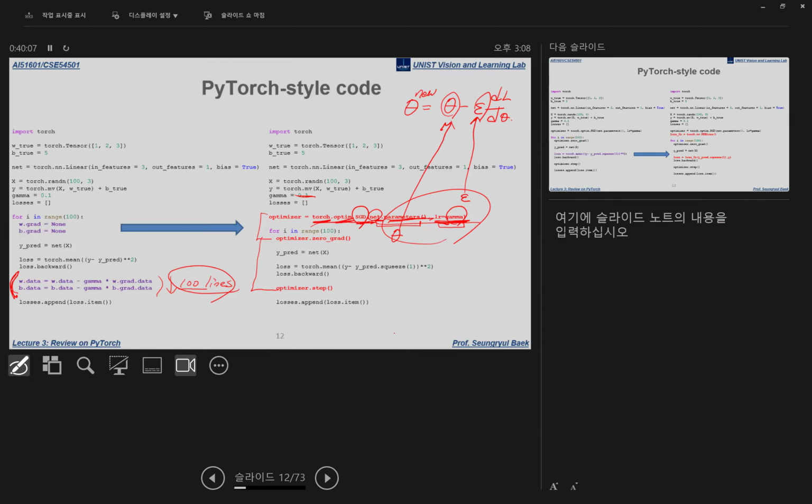And the remaining thing is to calculate this dL/dθ vector, which is the gradient, to update the parameters. We will calculate that automatically by calling this loss.backward. And then the remaining thing is, after calculating this gradient, we know everything in this formula.